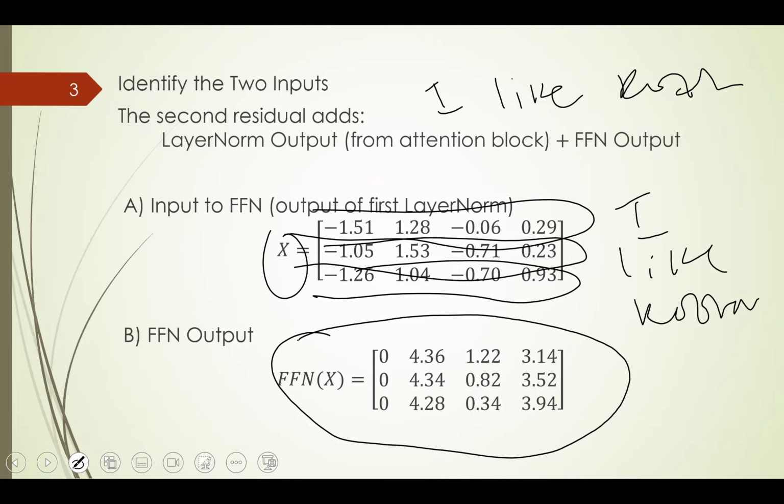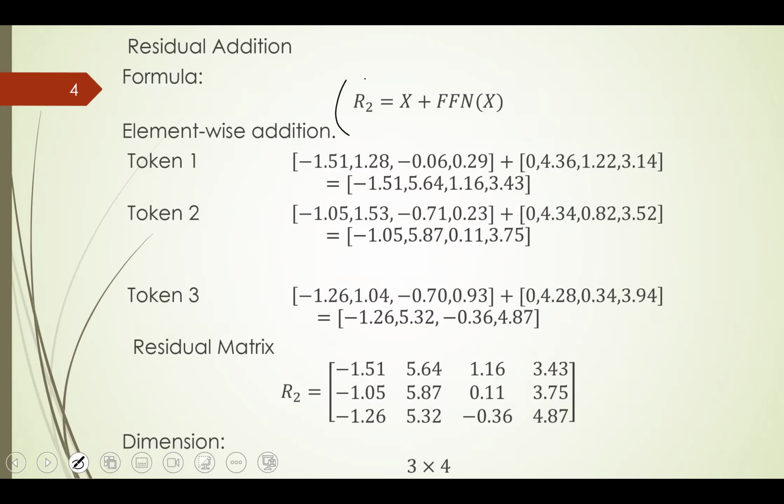So what we are going to do is add X plus the feed forward network output. That is residual 2, the last residual: X plus the feed forward network, which took X as input, added to the original X before the feed forward.